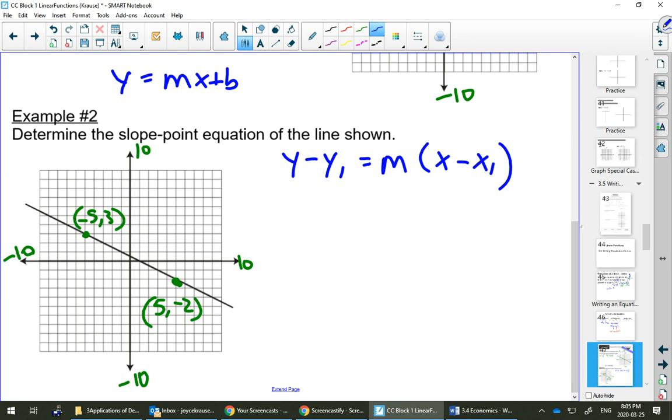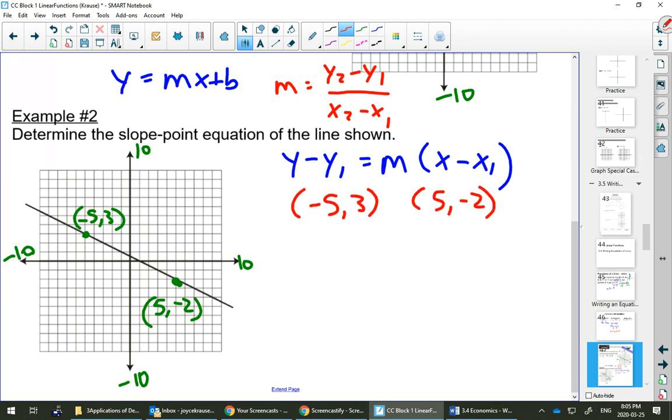So the first thing we're going to do is figure out our slope. And so for slope, if you remember, slope is y2 minus y1 all over x2 minus x1. So using my points, -5, 3 and 5, -2, it's helpful to label your points.